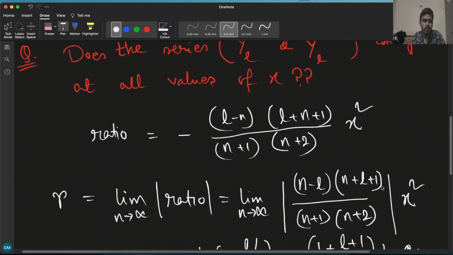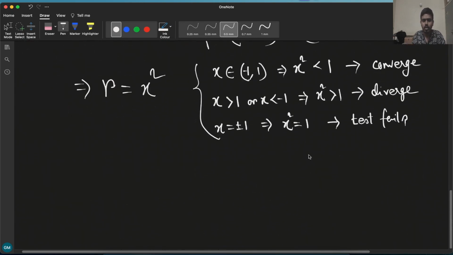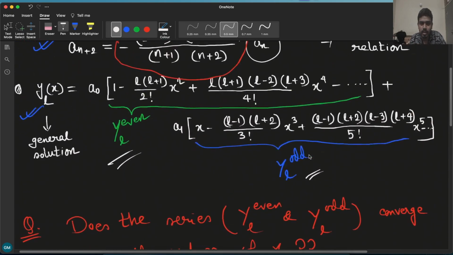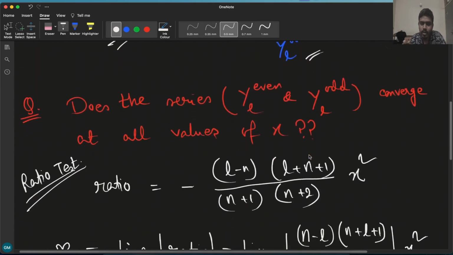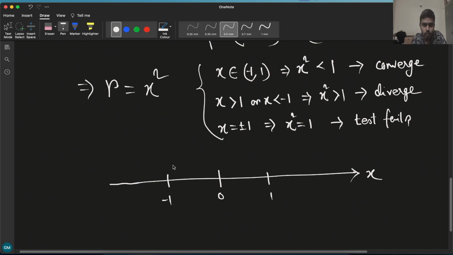So this is what I am doing, the ratio test. The ratio test is saying that both the even series and the odd series will converge when x is in the open interval between minus 1 and 1, with x equals 0 at the center.